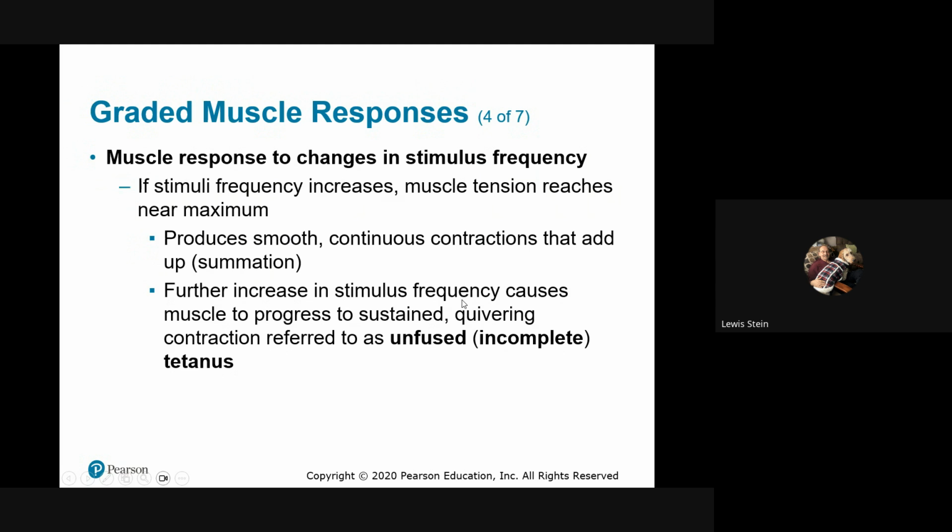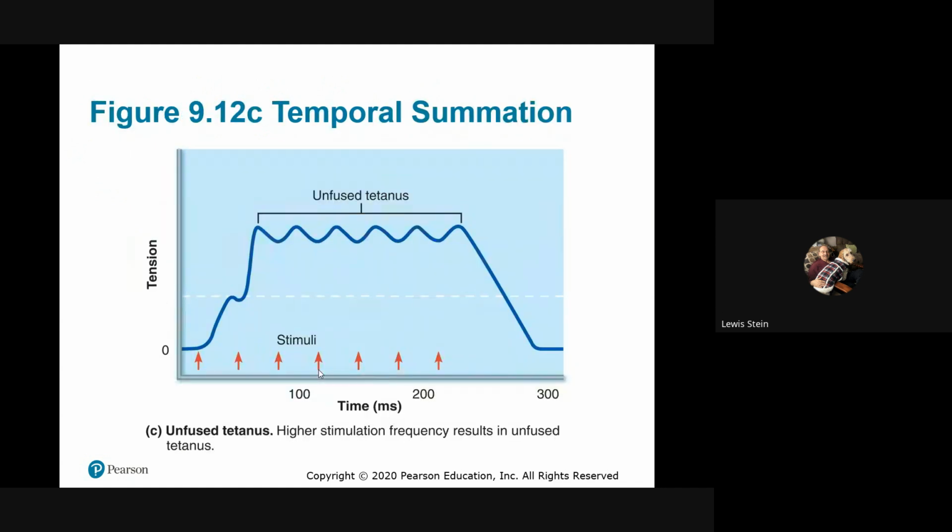So further increases in stimulus frequency cause the muscle to progress until it's maximally contracted, but it undergoes a kind of quivering, and they call it unfused tetanus. They named the disease for what it does: it causes your muscles to spasm in a way that can't break. Tetany. So we figure this is tetanus. Voila. Once we get to the maximum level and it's unfused, we're doing about 30 of those a second roughly.